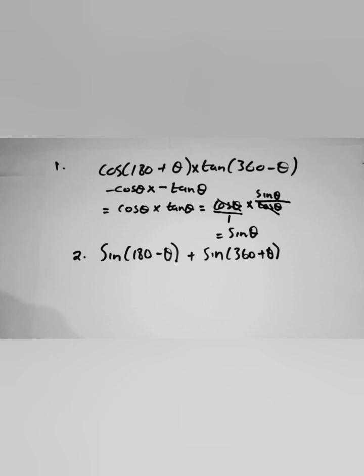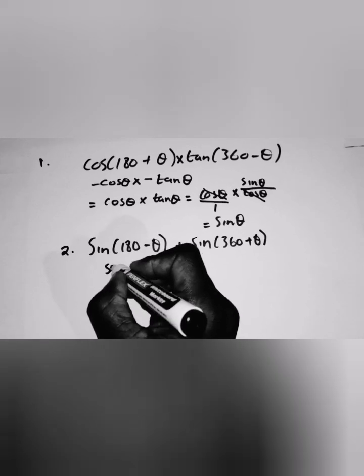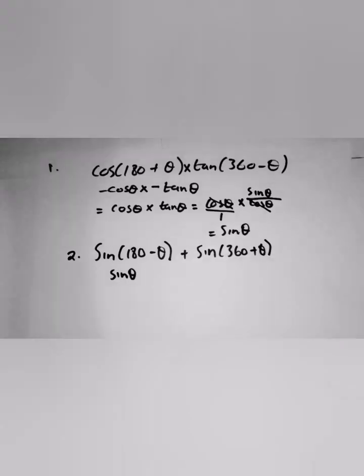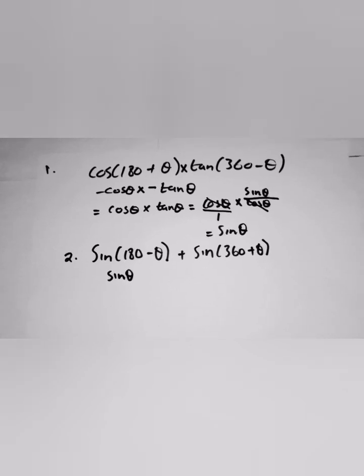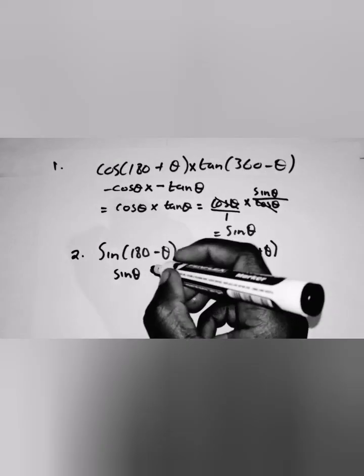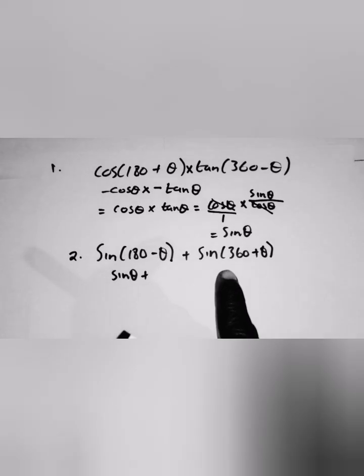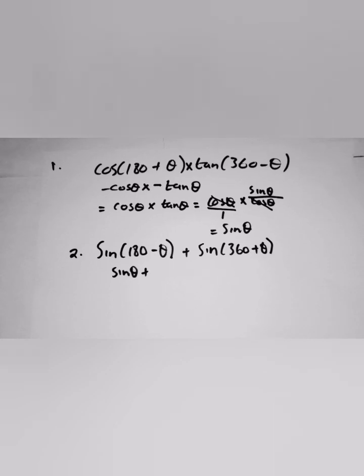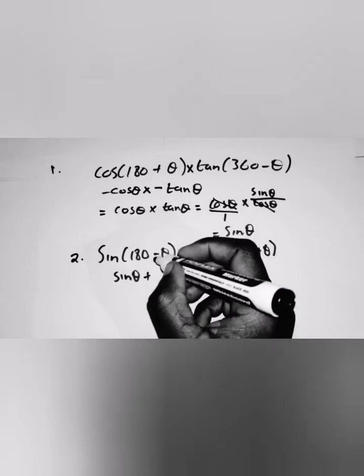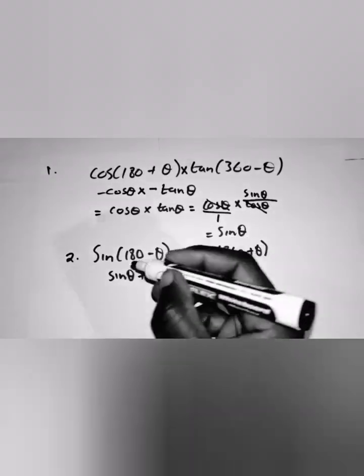Now 180 minus is the second quadrant, and sine is positive there. So 180 minus theta, we have positive sine theta. Then plus, now sine 360 plus, 360 plus is what? The first quadrant. We are interested in what's inside the bracket, so we'll have what? The sine of theta there.